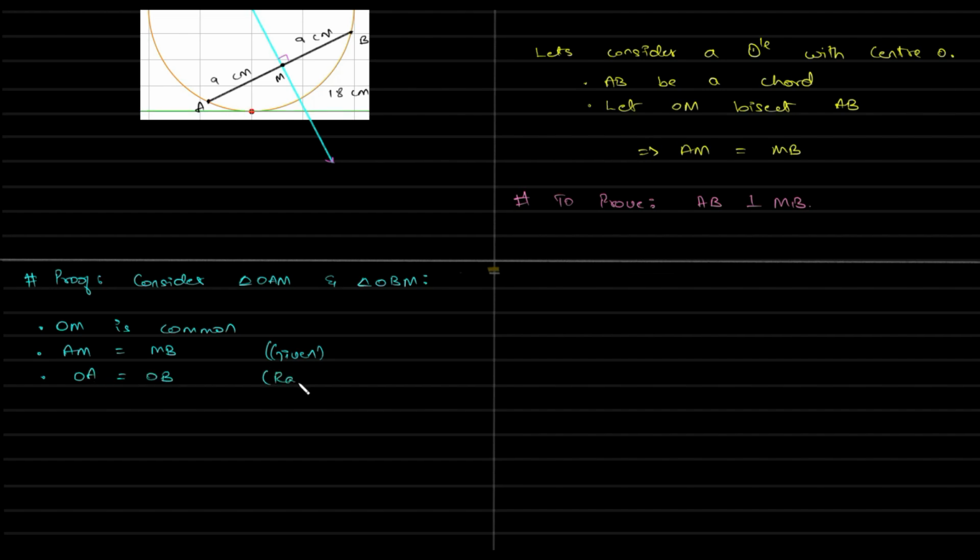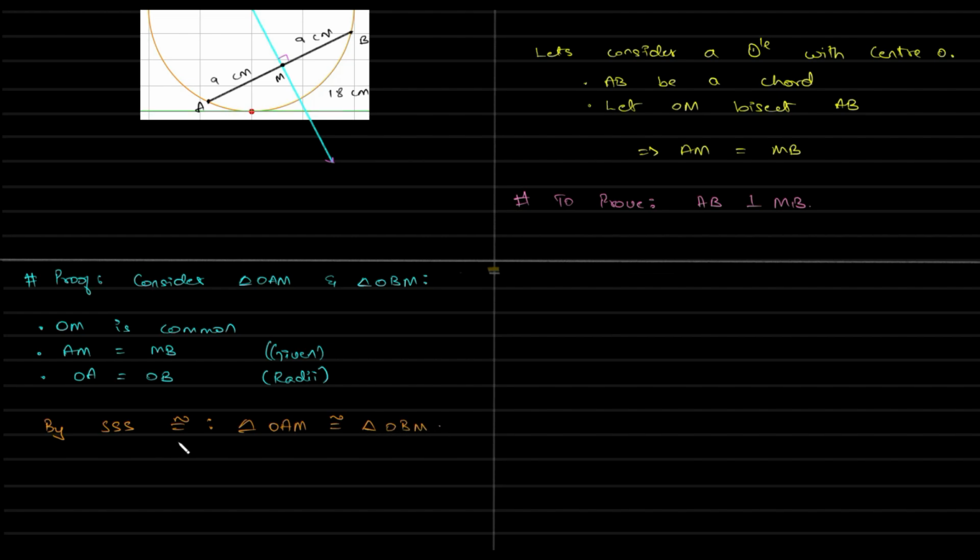And this is your radius, radii. Okay. So with this, we can tell that by what congruency? Yes, side, side, side. Triangle OAM is congruent to triangle OBM.